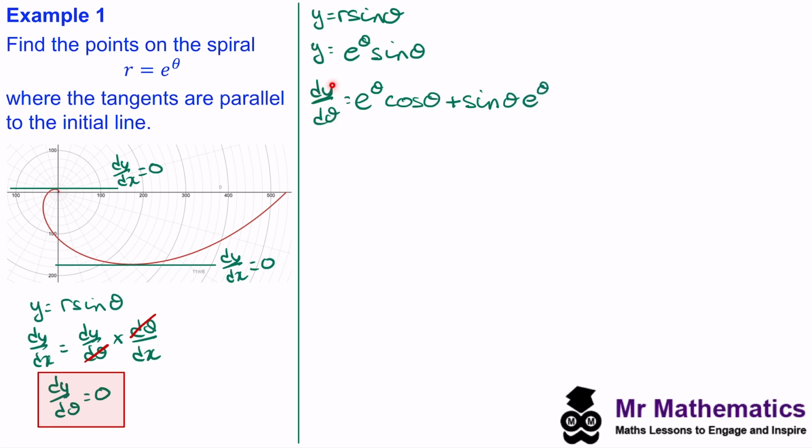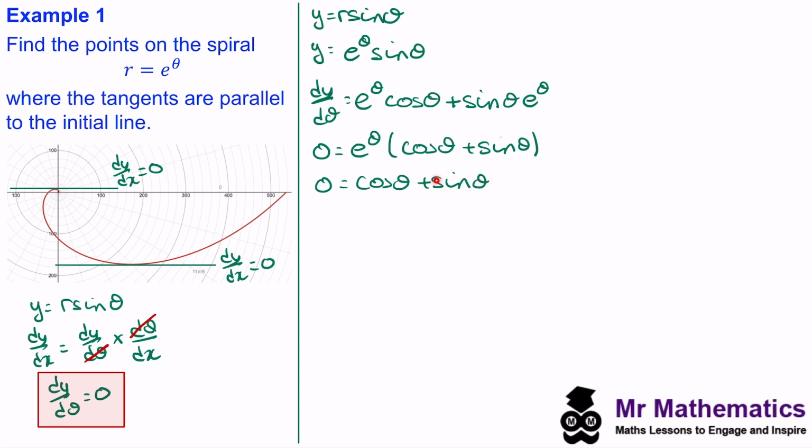And we can set this dy by d theta equal to 0. And we can factorize out the e to the power of theta. So we get e to the power of theta multiplied by cos theta plus sine theta. And we can simplify this by dividing both sides by e to the power of theta. So 0 will equal cos theta plus sine theta.